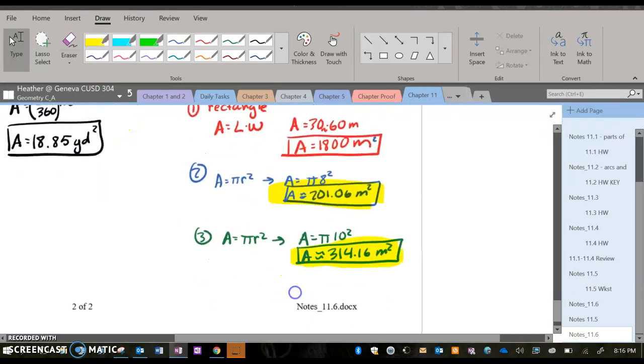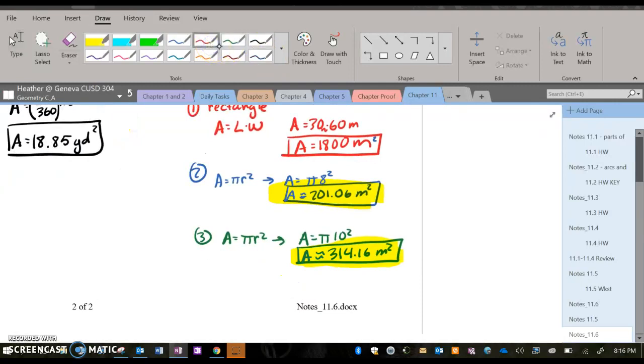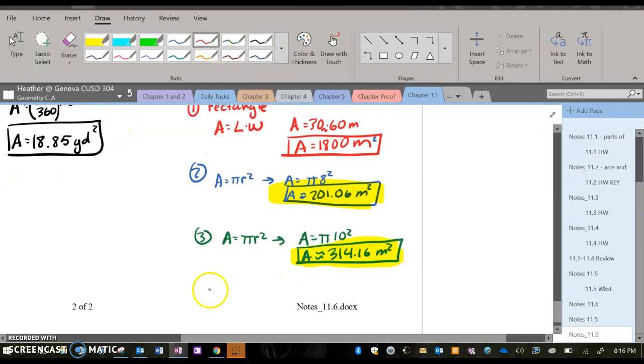So here we have 18,000 minus 201.06 minus 314.16.